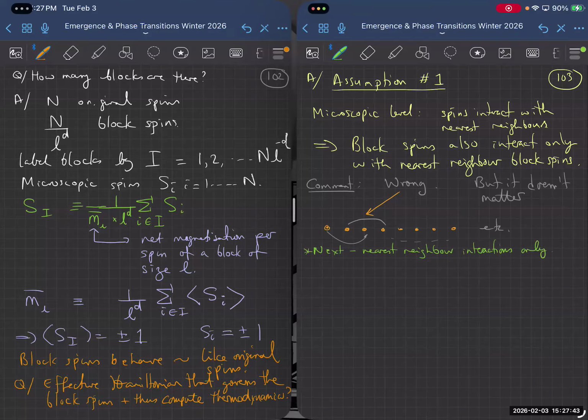Now let's suppose I make a block spin, and let's suppose it's, I don't know, 20 by 20. So there's a 20 by 20 block spin.